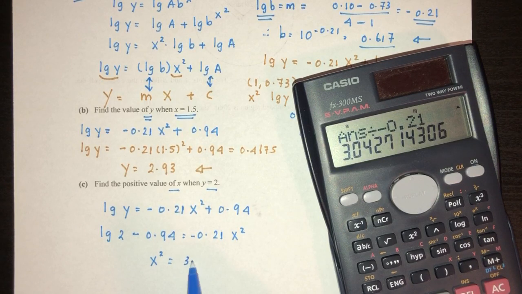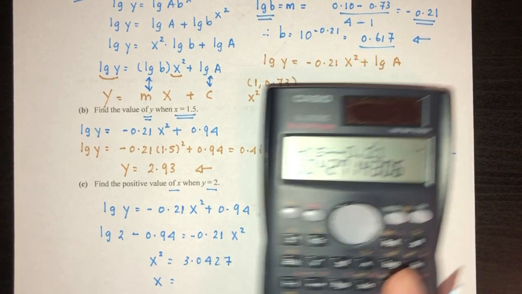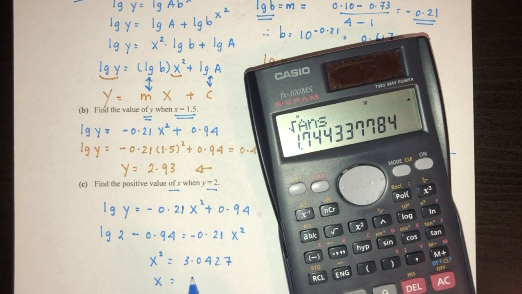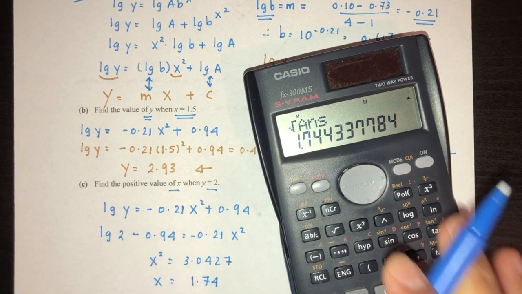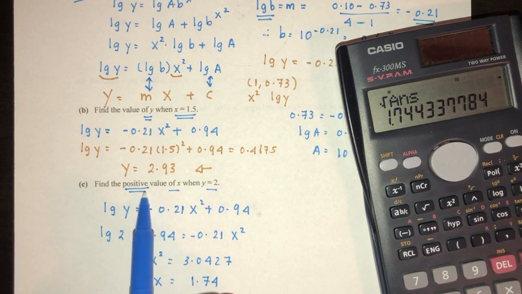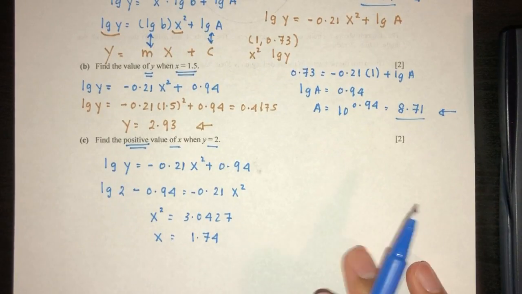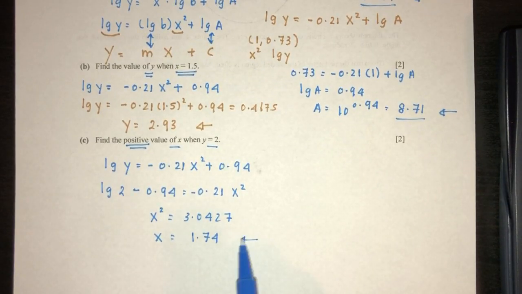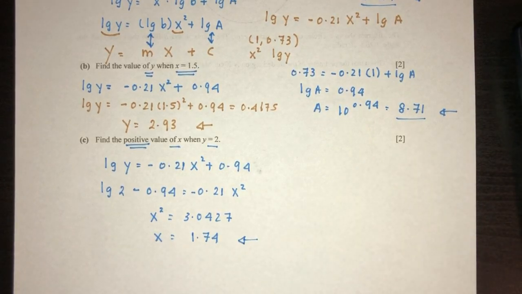That will be 3.0427. So x has to be square root of that. That will be 1.74. We have to only find the one value, so x will be 1.74, correct to 3SF. That will be question number 7.